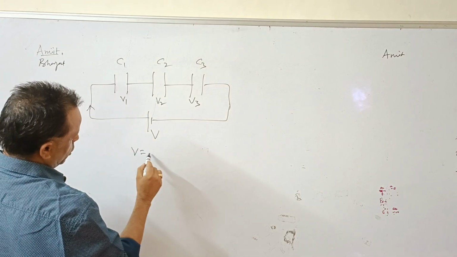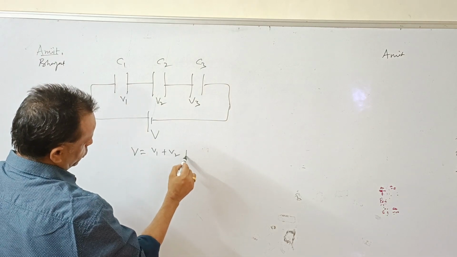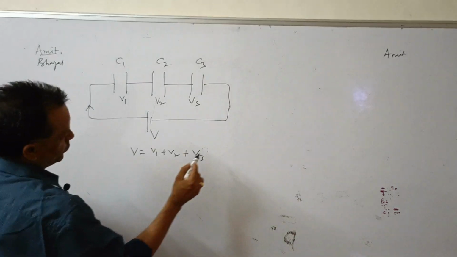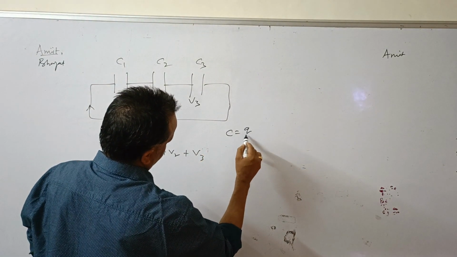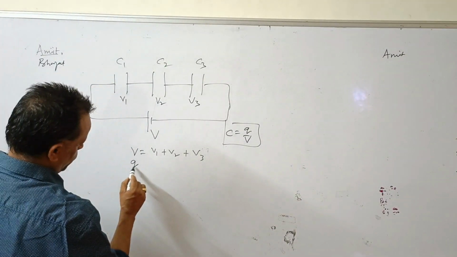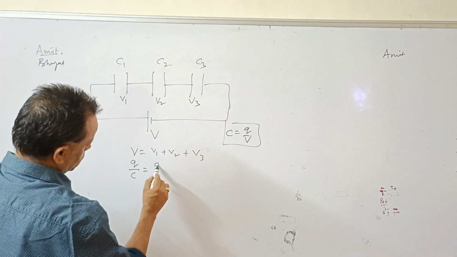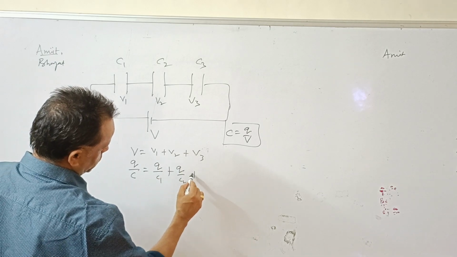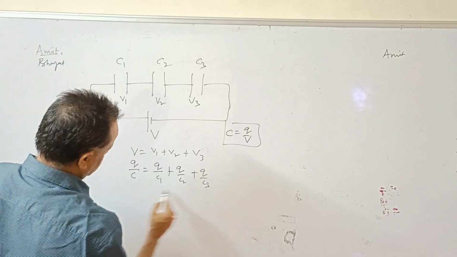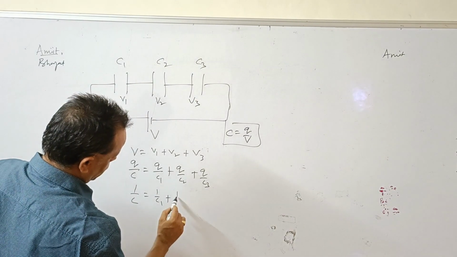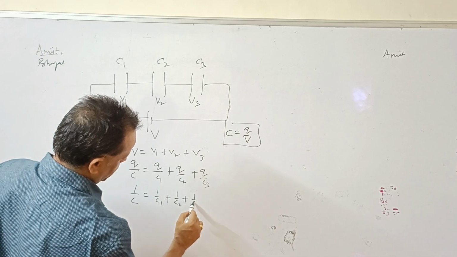The total potential is V1 plus V2 plus V3. We know that C is equal to Q by V, so V can be written as Q upon C. This is Q upon C1, Q upon C2, Q upon C3. So 1 by C is equivalent to 1 by C1 plus 1 by C2 plus 1 by C3.